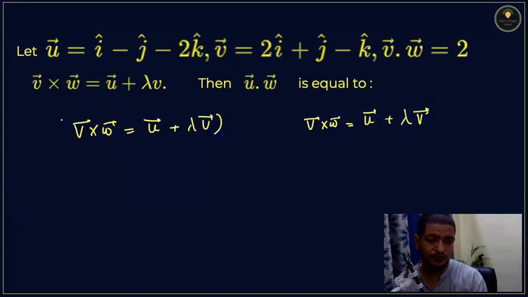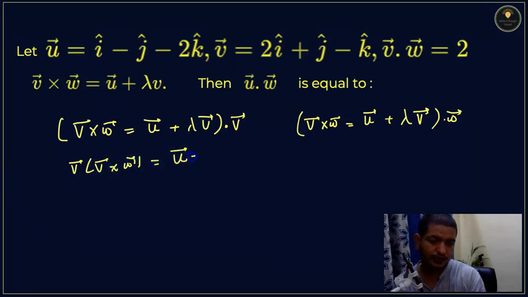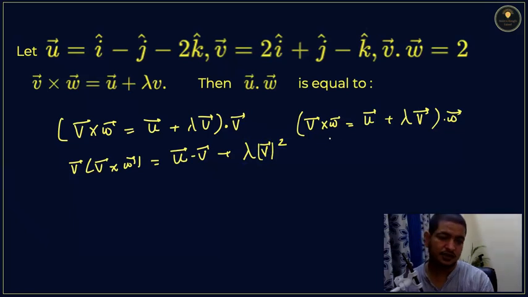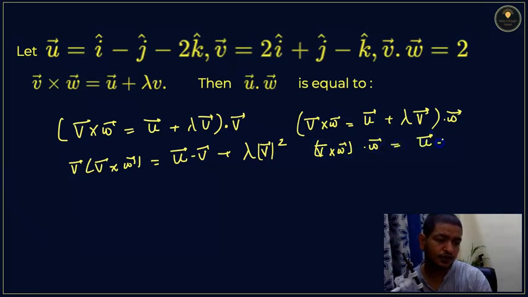Here we do the dot product with v vector, and then with w vector. You get v dot v cross w equal to u dot v plus lambda times v squared, and v cross w dot w equal to u dot w plus lambda times v dot w.